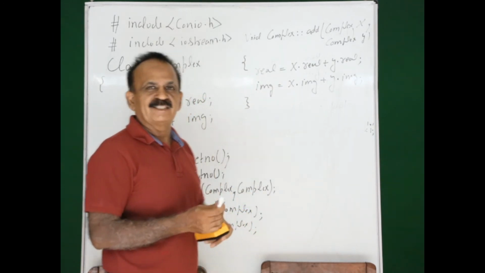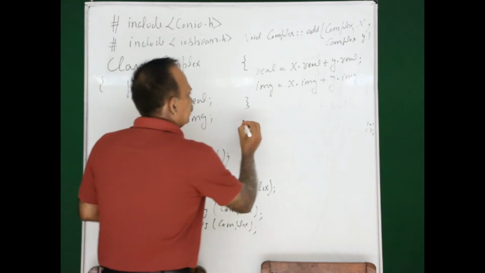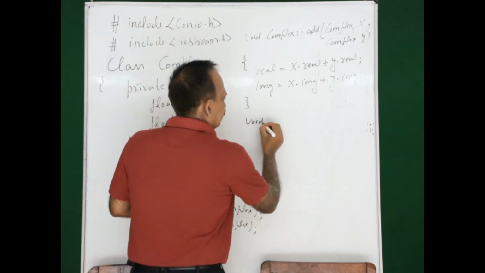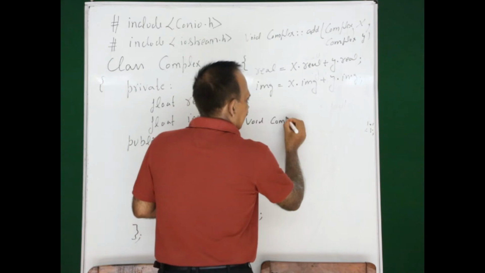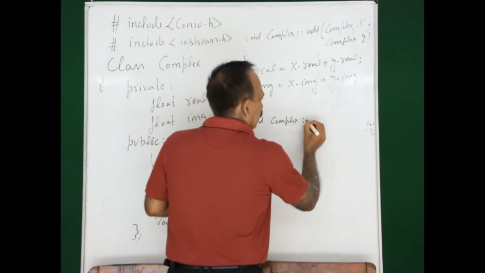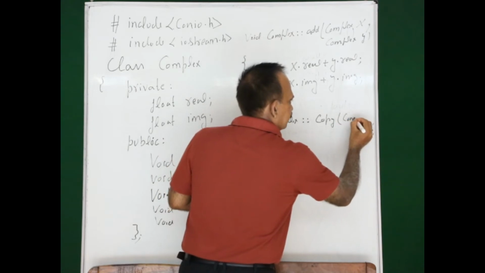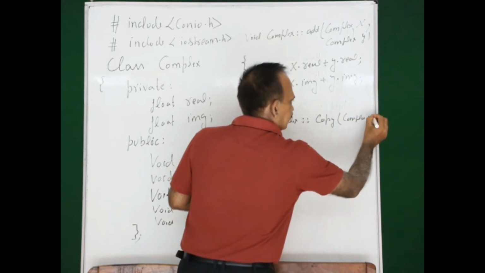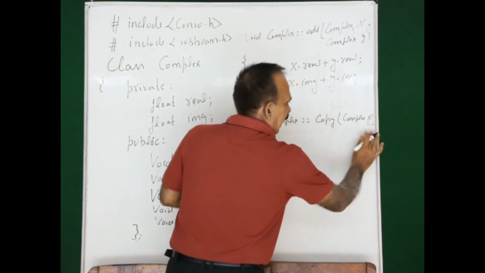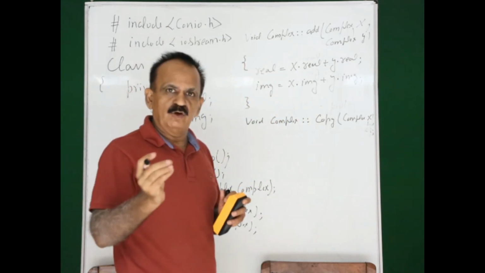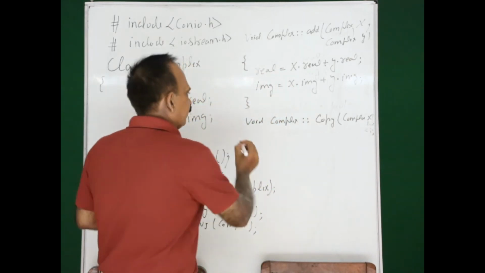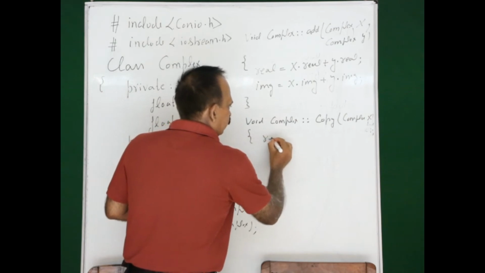I hope the next logics are very simple now. It is void, complex the class name, and the next one is copy, that is the function name, with one argument, say that argument is x. The logic: I want to copy the value of x into the calling object. It means the real part is copied to real.